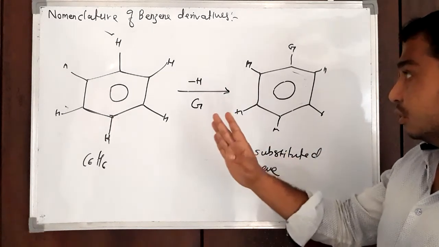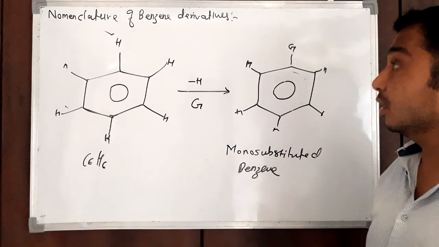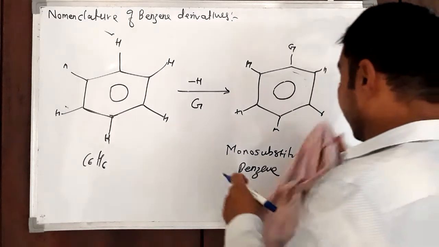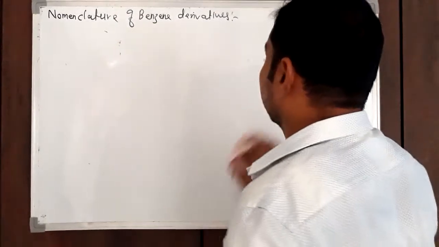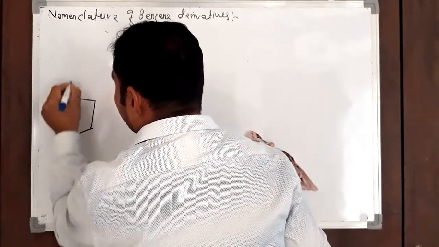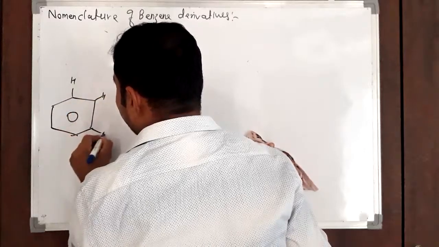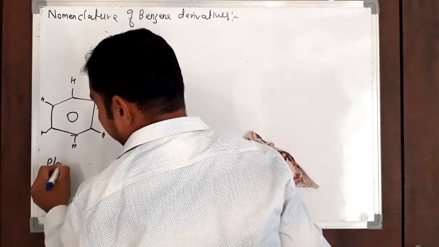Now I will write many examples of monosubstituted compounds, that is, derivatives of benzene. A very simple example: if we replace hydrogen by chlorine. Suppose this is plain benzene having 6 identical hydrogen atoms.